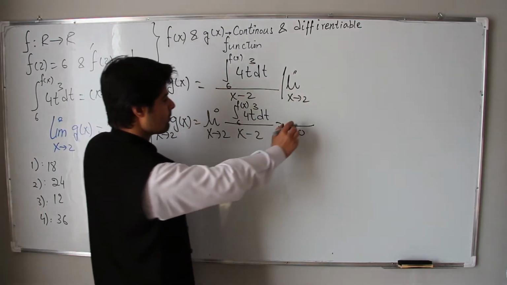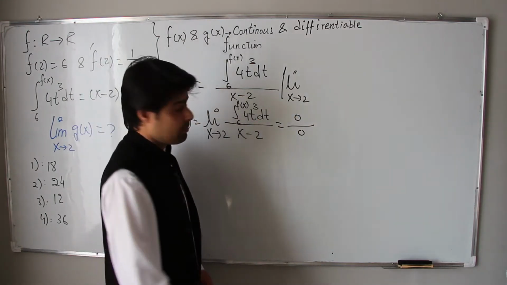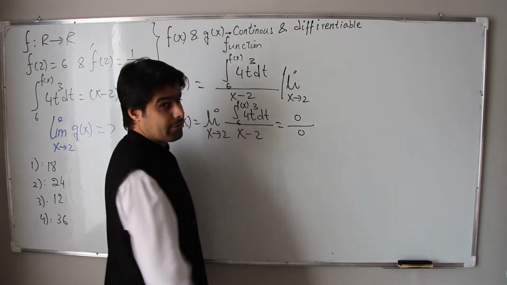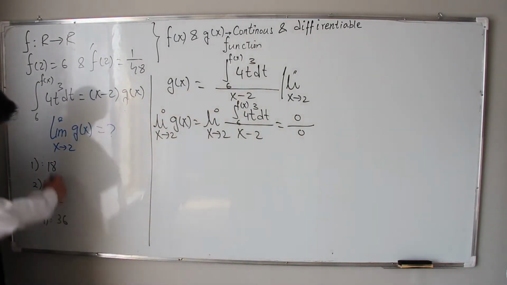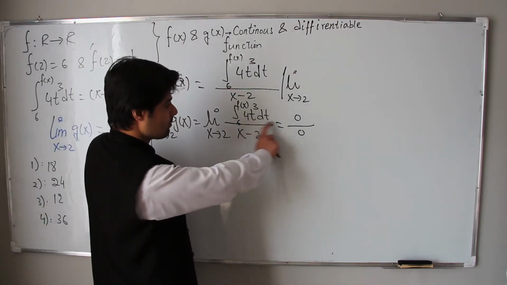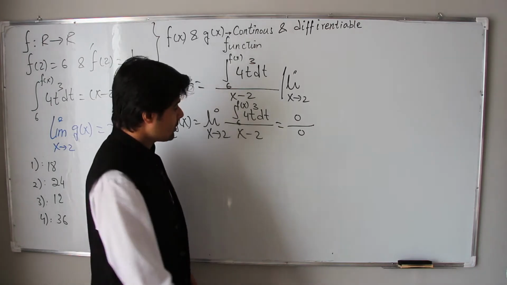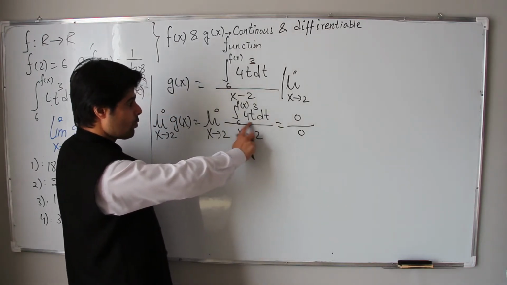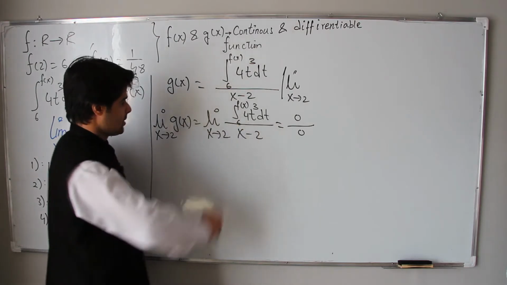The numerator must be 0. Why? Because if it is a number, the number divided by 0 is infinity, and we don't have any infinity in the answers. It means the numerator must be 0. To check whether it is 0 or not, now we have to solve this integration.